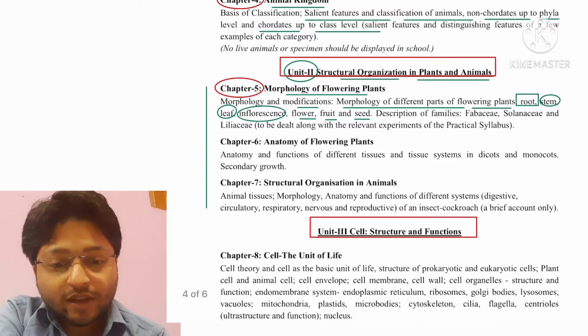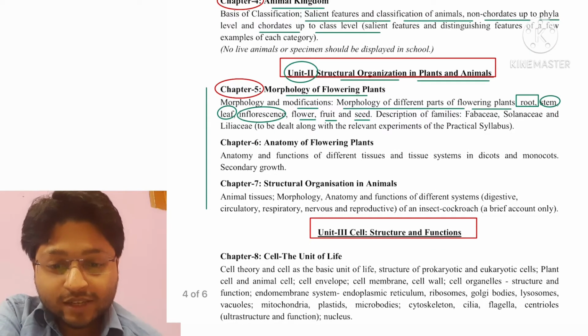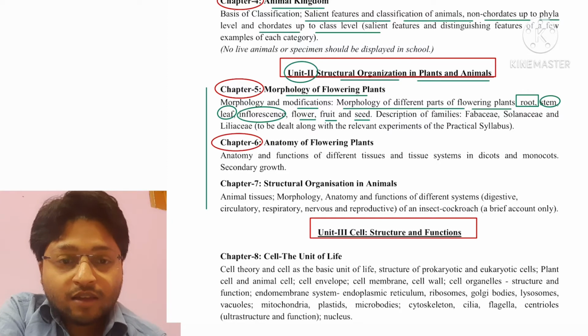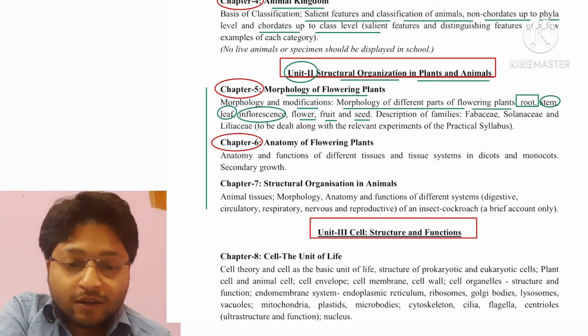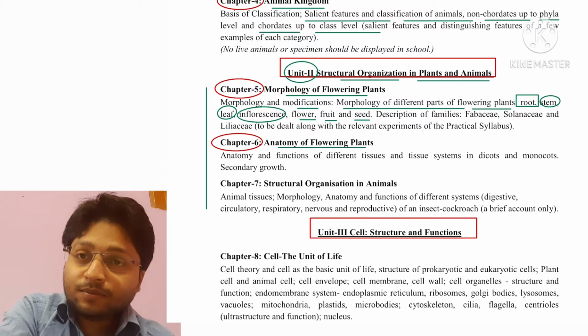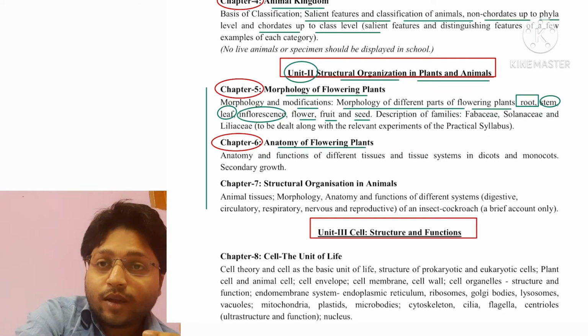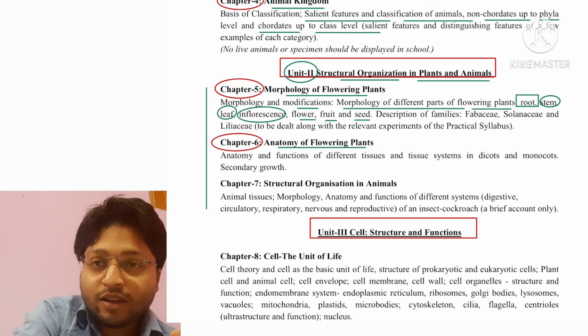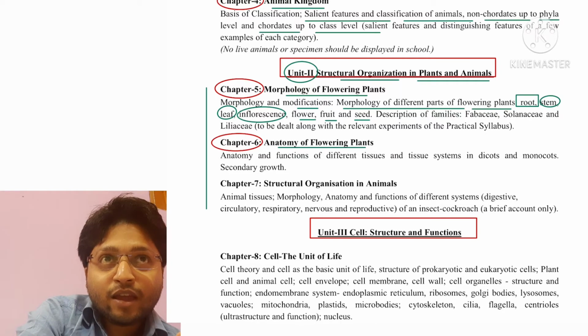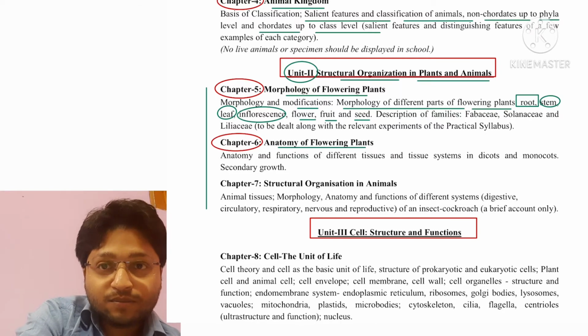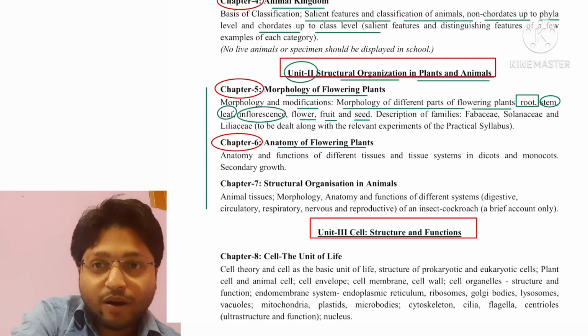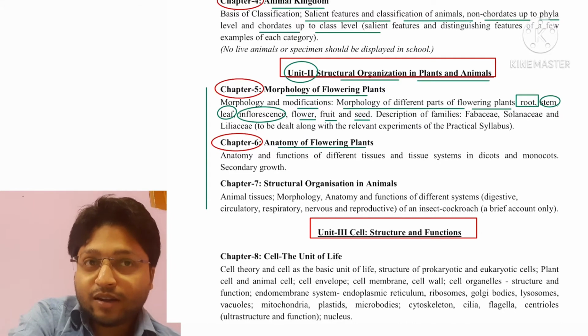In the next topic, chapter 6, you will learn the anatomy of flowering plants, right? In the previous topic you learned the morphology, that means the exterior, outer parts of a plant.